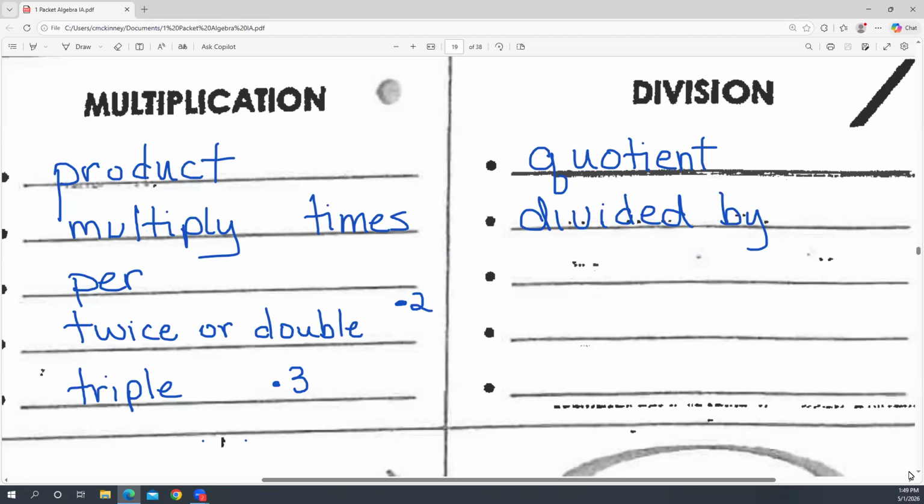Quotient, division, we have to be careful of the order. 20 divided by 2 is not the same as 2 divided by 20. So not the same. So order matters.